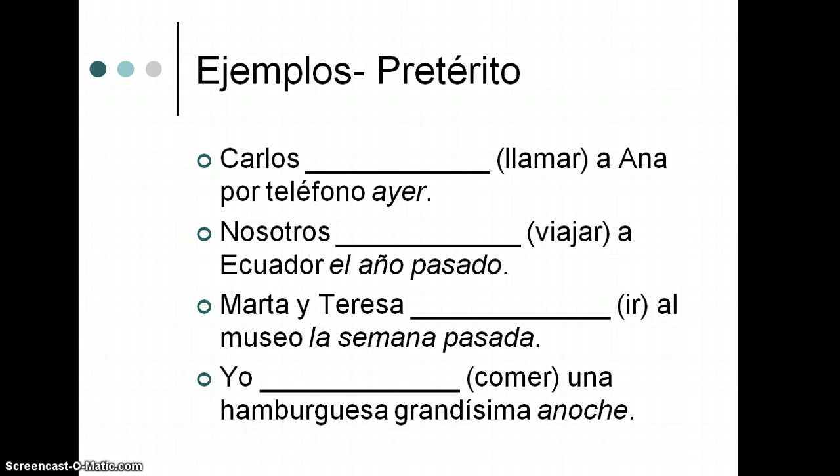They correspond to some of the expressions that we had on the previous slide, which were all alerting us to the arrival of the pretérito, right? They're introducing pretérito in some way. They're giving that well-defined time frame that we talked about. Ayer, el año pasado.